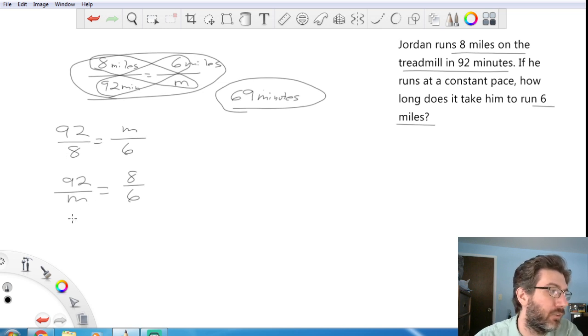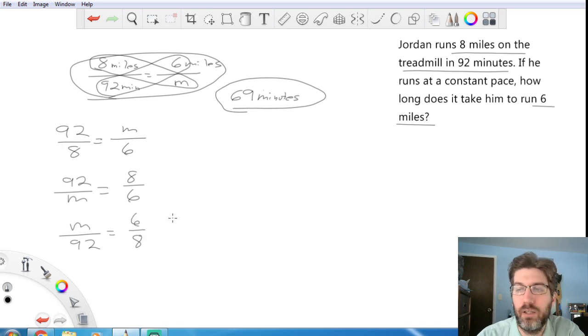You could have also done, what's the one I'm missing? m over 92 equals 6 over 8. You could have also set it up that way. Anyways, you can do whatever you want. Any one of these 4 proportions will give you the same answer.